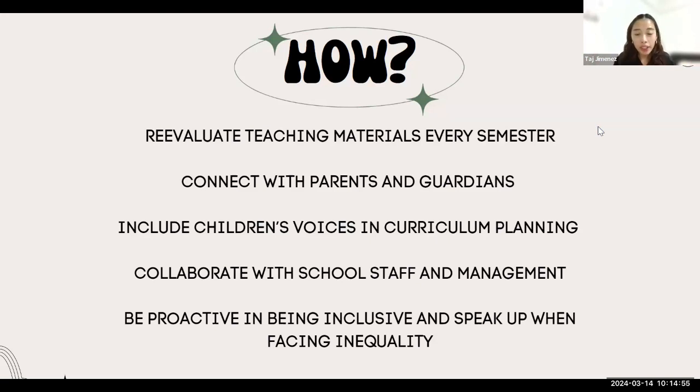I do understand that sometimes the management might not have an educational background. So using the sandwich method also helps them understand it more, with a positive look at the beginning and a positive note at the end. So it's nice to be proactive and inclusive, and to speak up when facing inequality in your school.